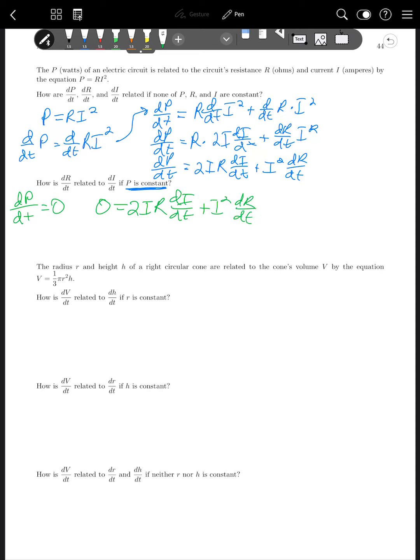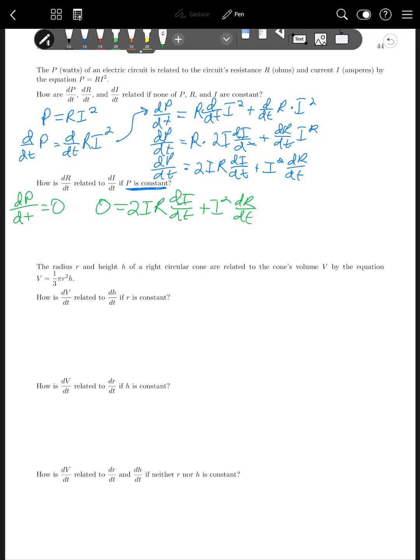And that's it. Okay? Similarly, if I want to do the same thing, but I want to let h be constant, and I want to look for dr, we do the same thing. But in this case, the constant multiple is 1/3 pi h, and then I need to do the derivative of r squared.